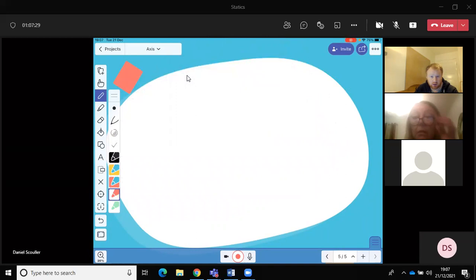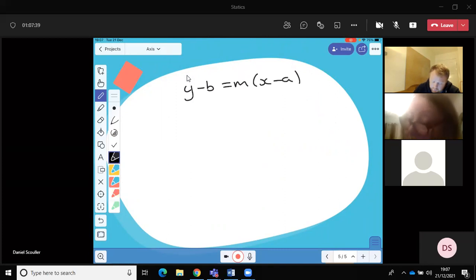We want to find the equation of a straight line. So y minus b equals m bracket x minus a, when m equals 2 and the position is given as 1, 4.